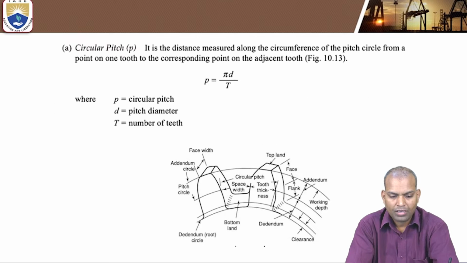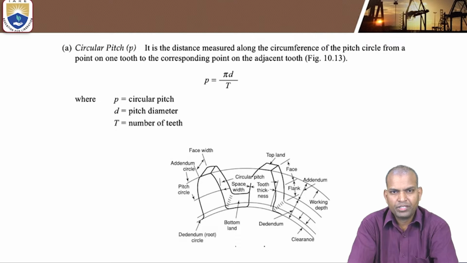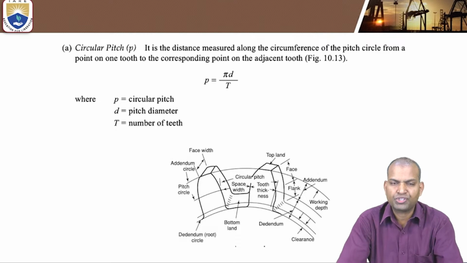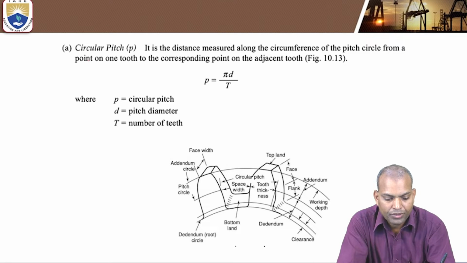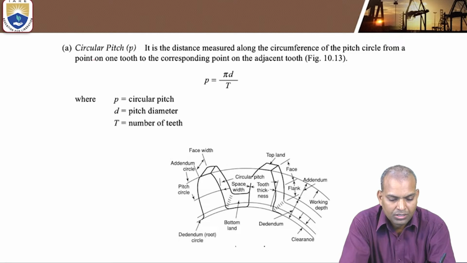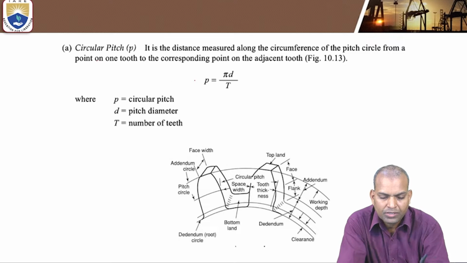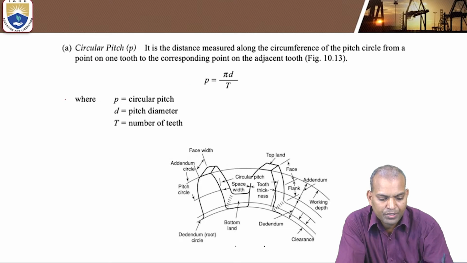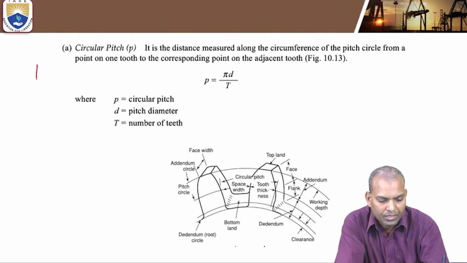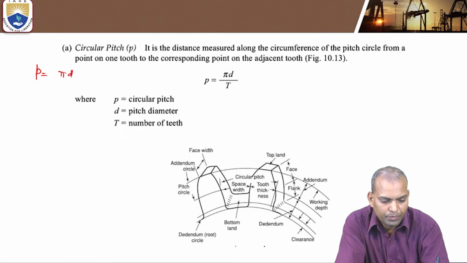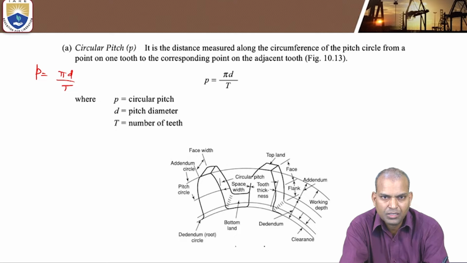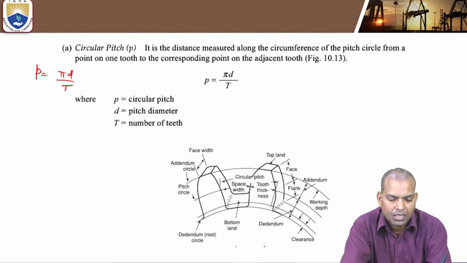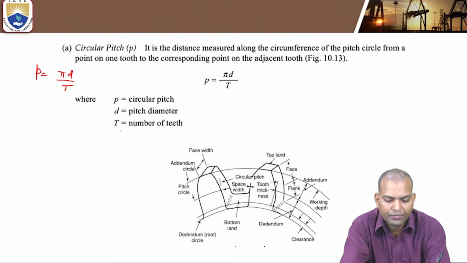Now, another important definition is circular pitch. It is denoted by small letter p. What is the circular pitch? Mathematically, circular pitch p equals pi d by t, where d is the pitch diameter and t is the number of teeth.